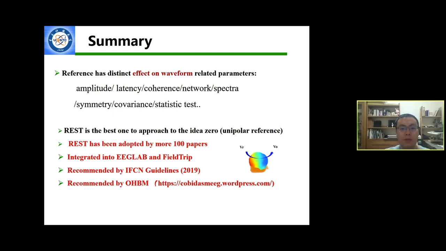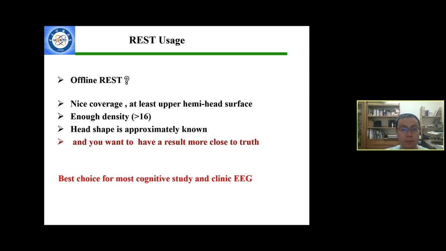REST has been adopted by more than 100 papers, and now REST has been integrated into EEGLAB and the FieldTrip tools, and is also recommended by the IFCN guidelines in 2019 and recommended by the OHBM.